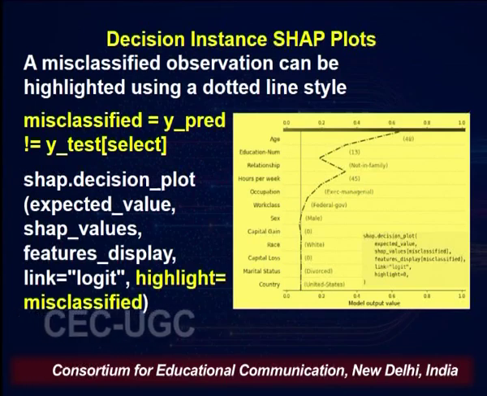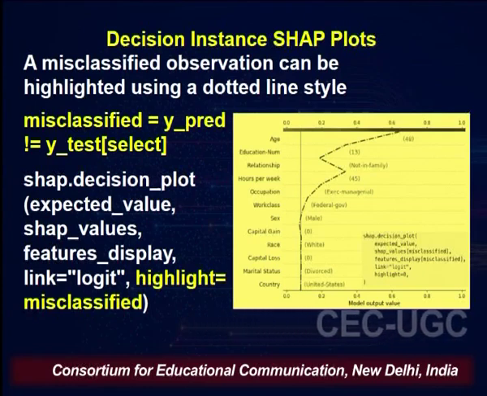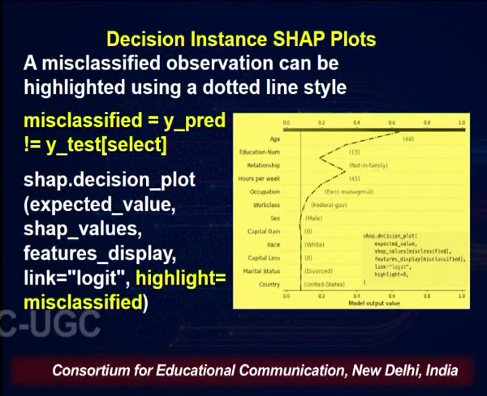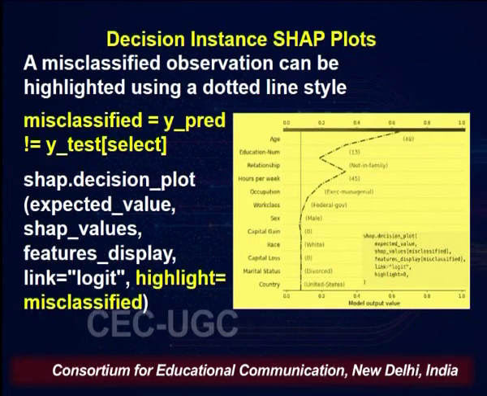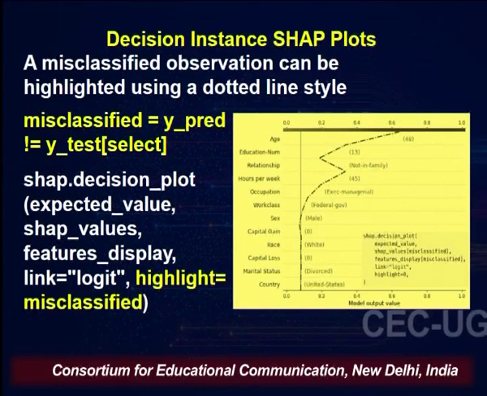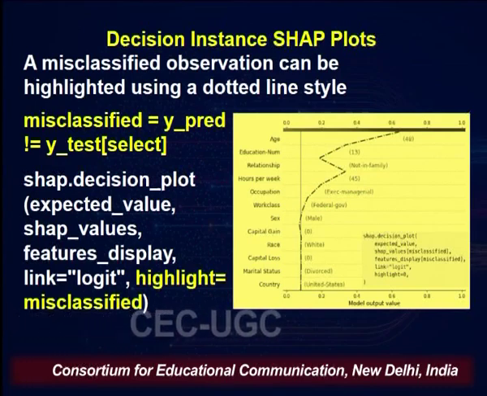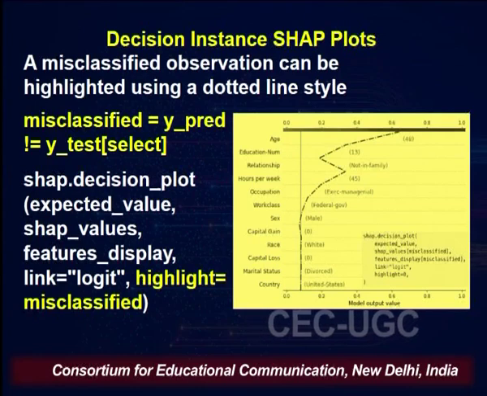In the instance level you can highlight the misclassified line, and each line, we know once again, represents a specific sample. The sample could be, in this case, a person who is earning, and we want to see how the model is giving the outcome.